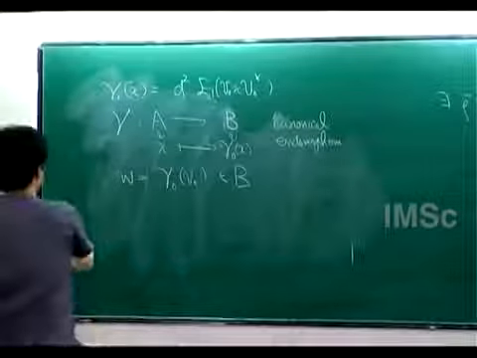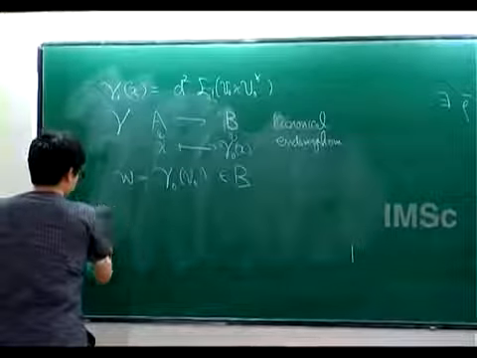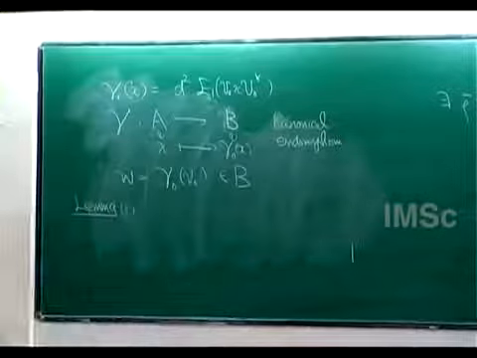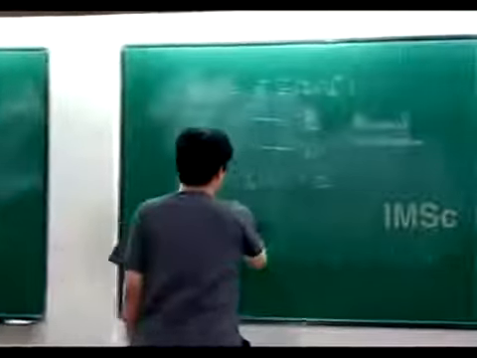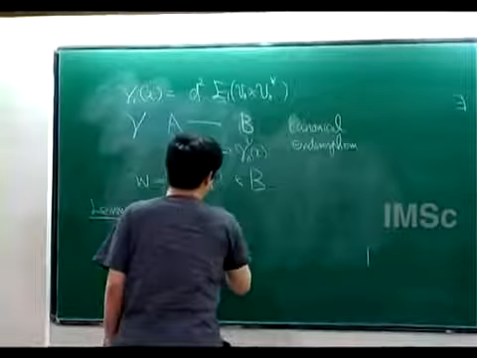Right. So, lemma. First of all, this V is an isometry. It is an intertwiner between identity of A and gamma.